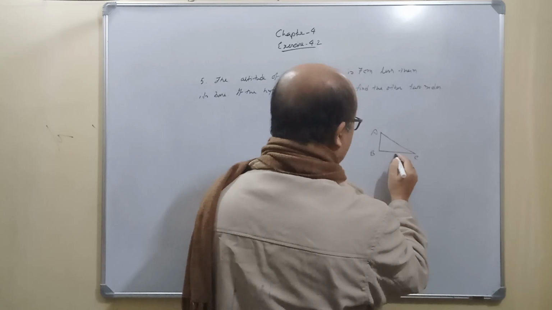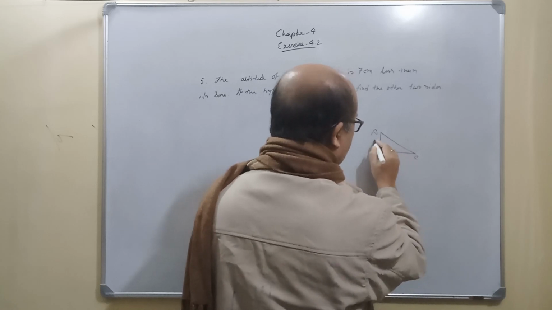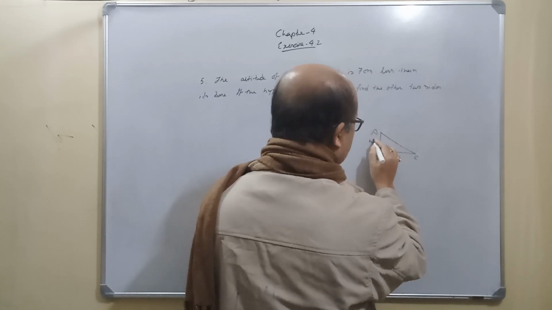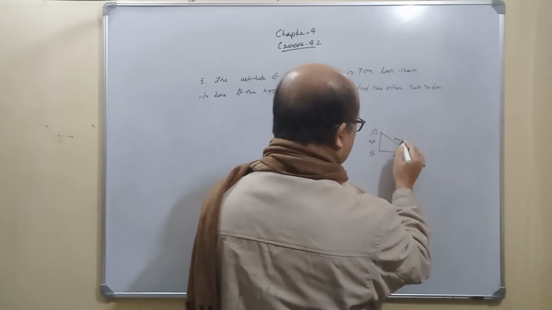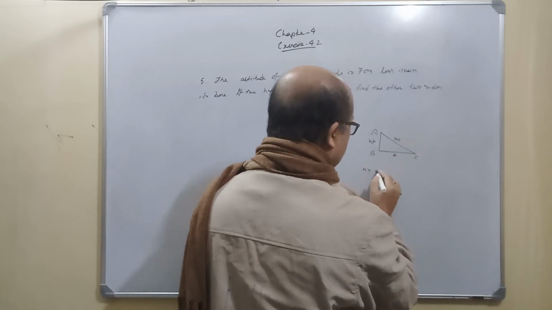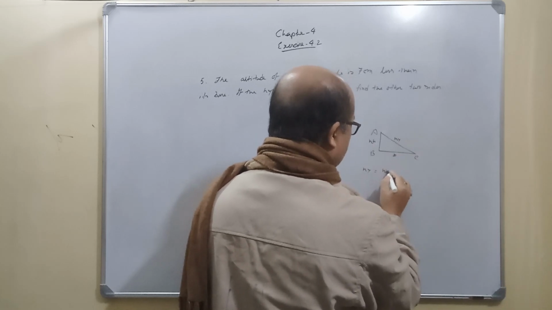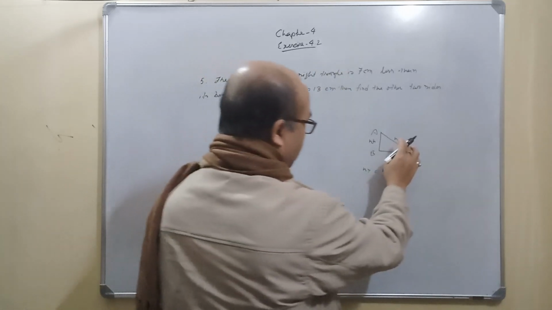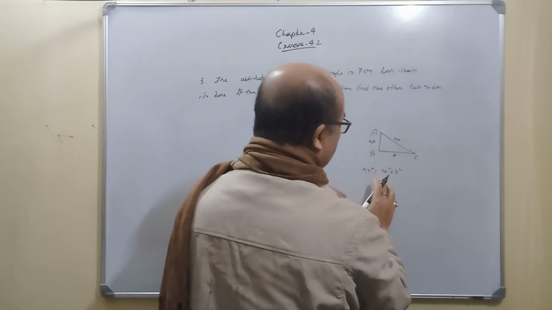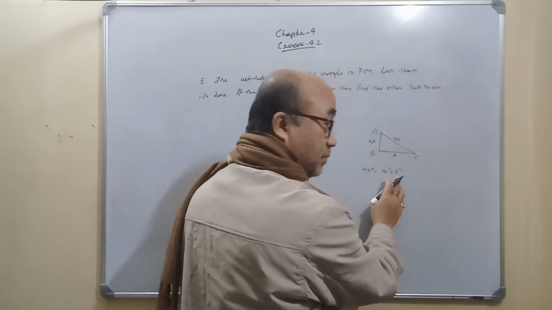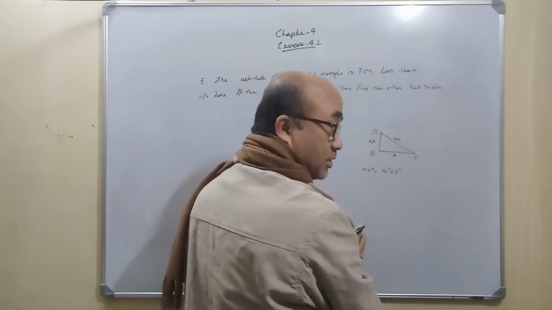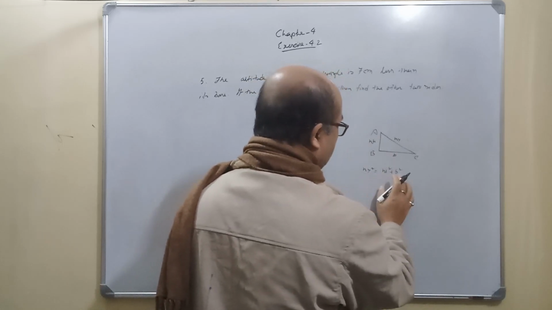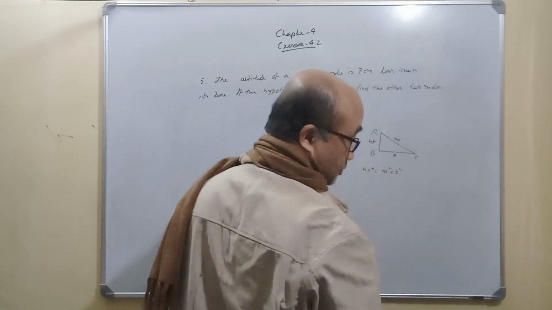This is the base, this is height and this is hypotenuse. So hypotenuse square is equal to height square plus base square. That is the Pythagoras theorem. So we will use this Pythagoras theorem to solve this problem.